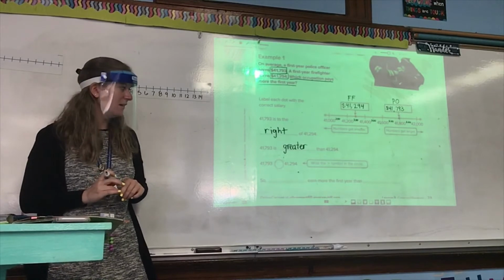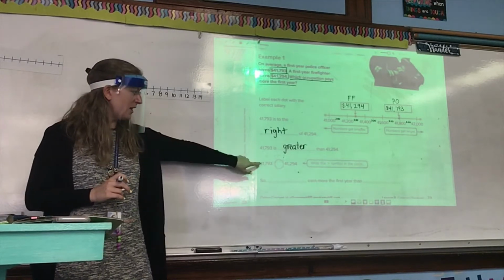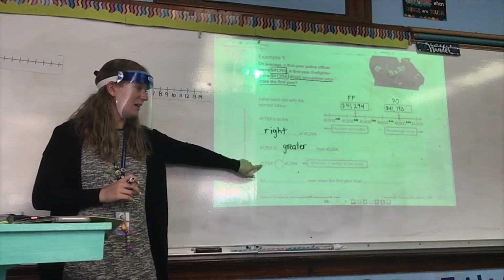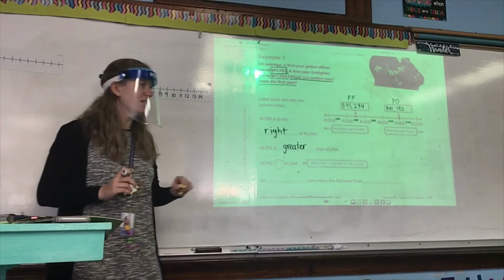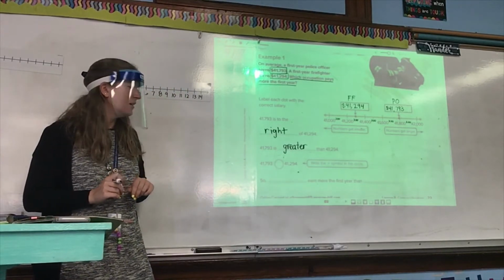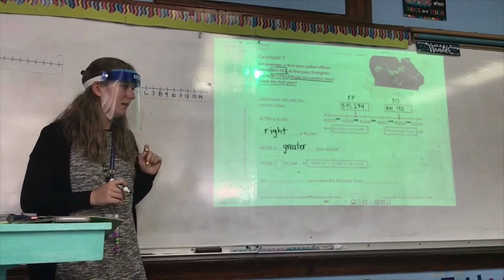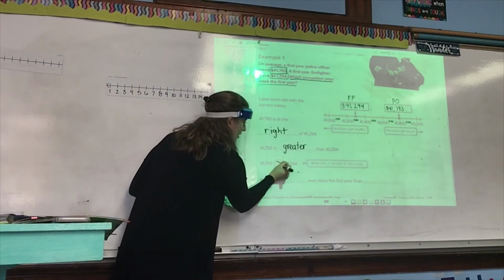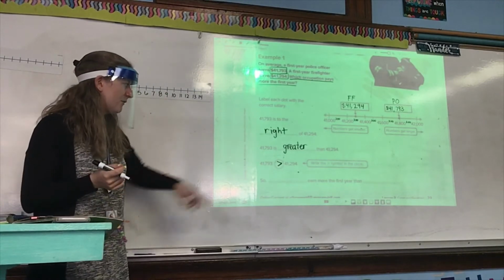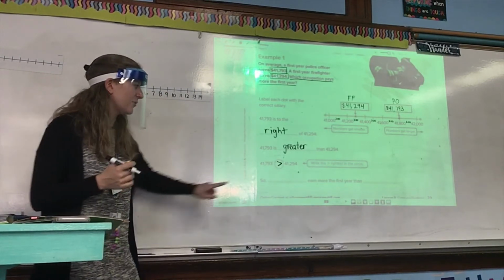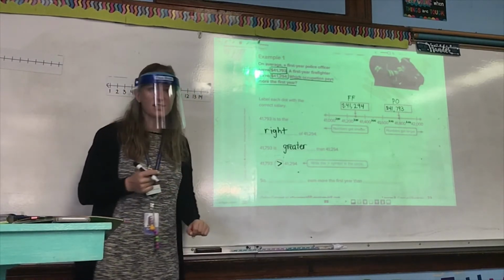Zadie? No. So 41,793, is it greater than, less than, or equal to 41,294? Greater than. So which way is our mouth going to be pointing? Left or right? Left. Very good. 41,793 is greater than 41,294.